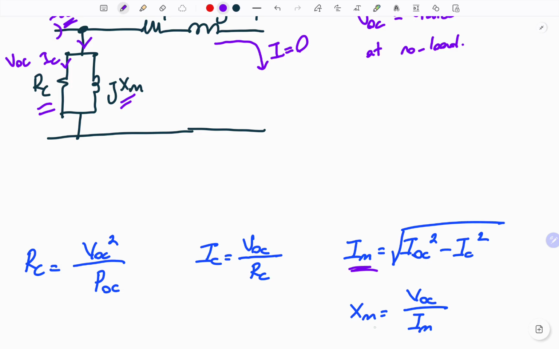Finally, the last parameter of this test will be XM, calculated again by using the open circuit voltage and the magnetizing current from the previous calculation. So briefly, for the open circuit test, the output must be open circuited, at no load condition, and the input source voltage must be equal to the transformer's rated voltage value.